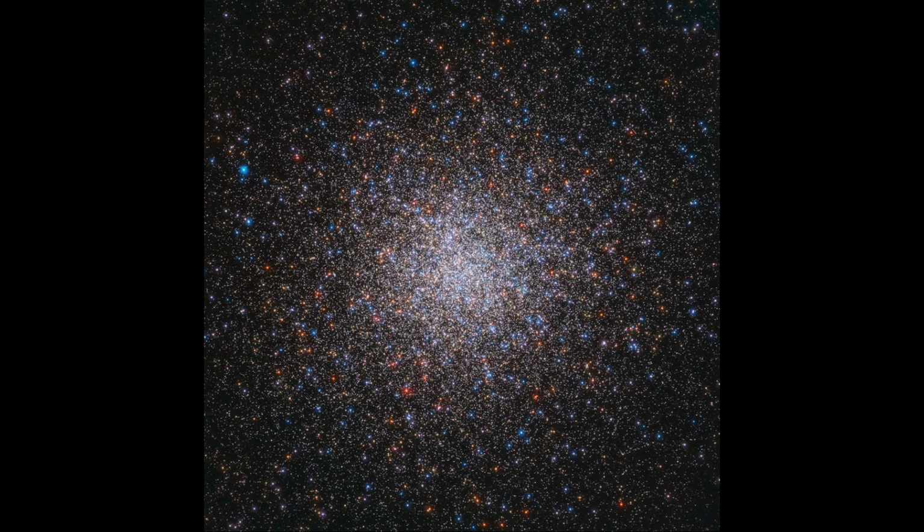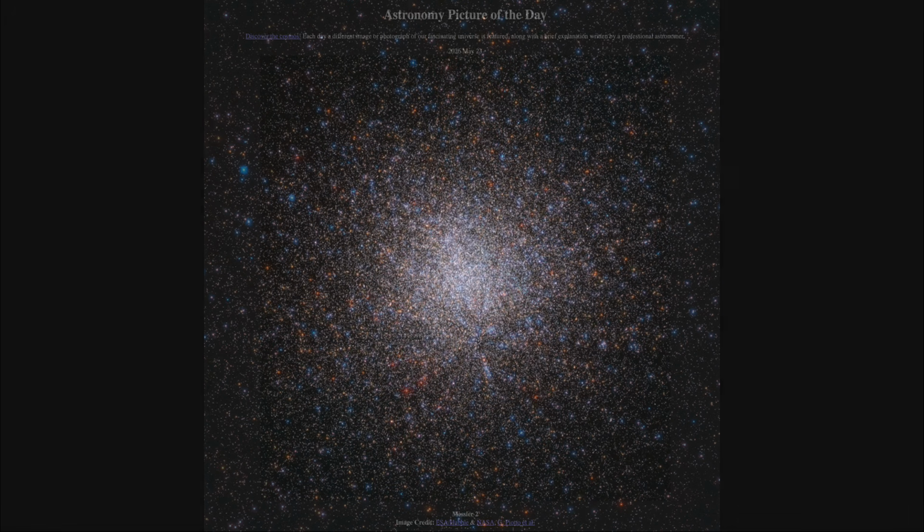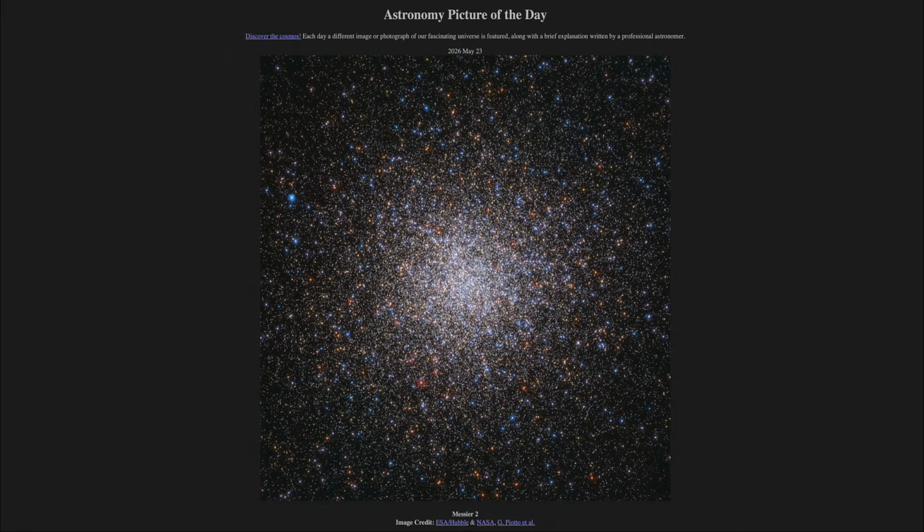Does that mean it's going to disappear in the near future? No, it could still take billions of years for this to occur. But eventually, as they pass through in their orbits, they could end up being incorporated into the general Milky Way galaxy itself. So that was our picture of the day, titled Messier 2.